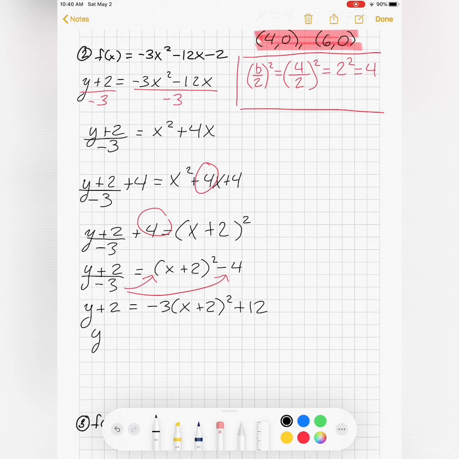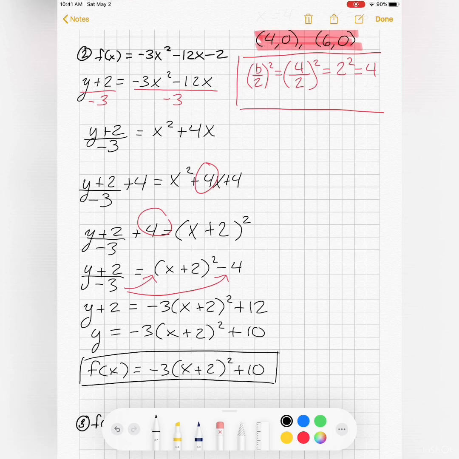Last step, subtract the 2. And then I'll write it as an f of x, functional notation. So there's my standard form.